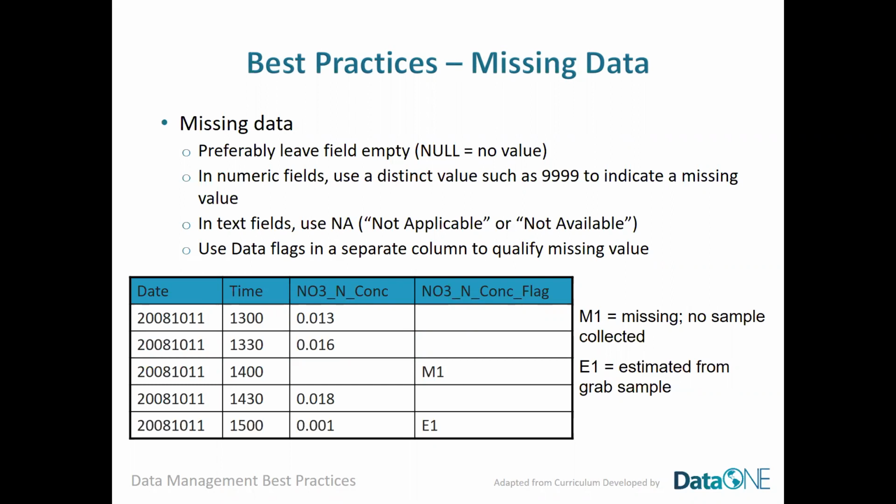You also have a flag E1, which indicates the value that you see there is estimated. So in the metadata file or the README file that you create to accompany your research data, the information about those flags would be contained within that file, so you would be able to define what they mean.